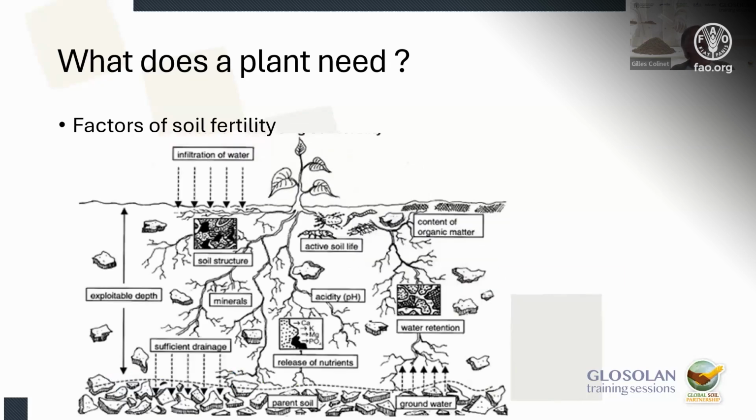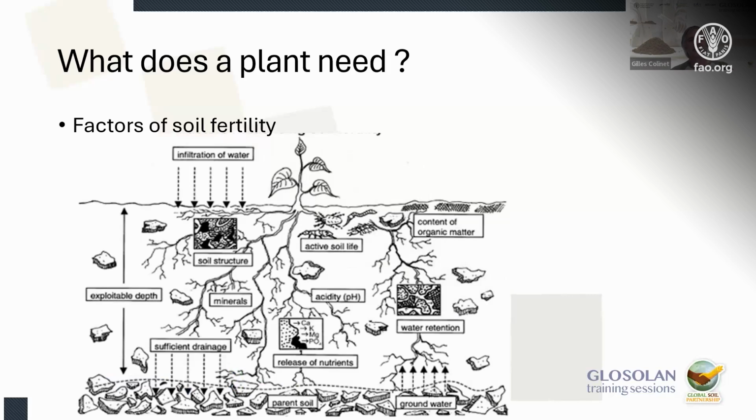But we will mainly focus on the other factors of fertility, those that are linked with the soil. And if you look at this image, you see that one of the major aspects is the soil physical habitat of the plant. The plant must be able to investigate the soil with the roots in order to find water.